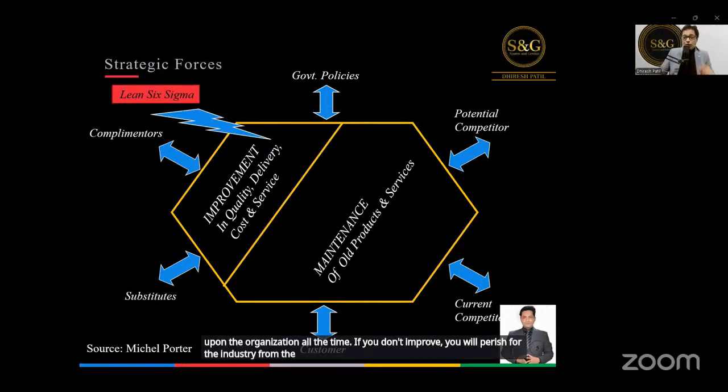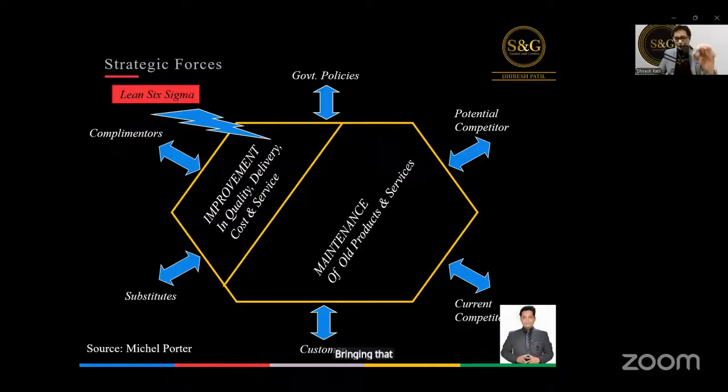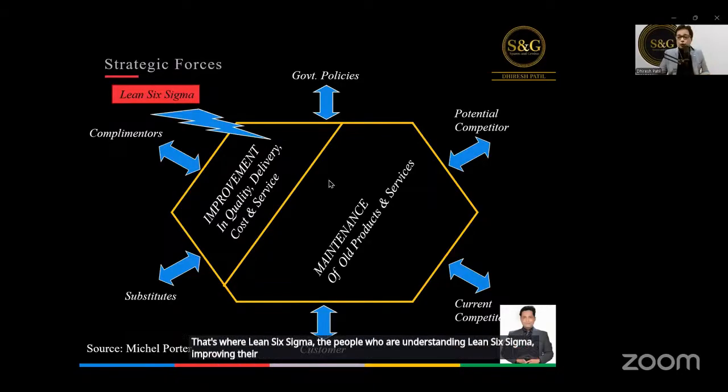Are you understanding? Because these strategic forces are demanding the change. If you are not bringing the change, then disaster awaits. That's where the people who understand Lean Six Sigma and improve their processes are very, very crucial players in this entire journey, because improvement is very, very important.